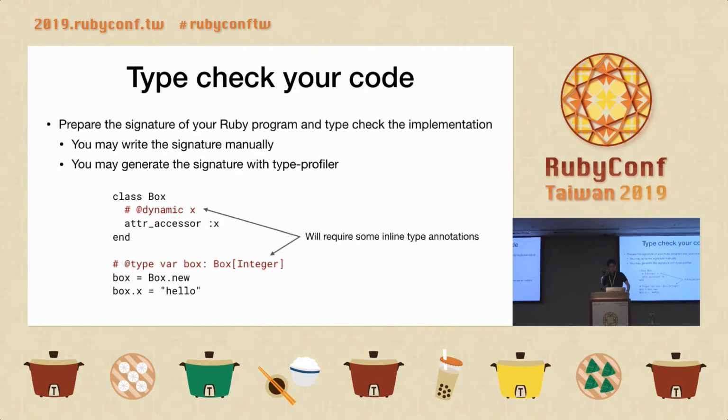And the last one is to type check your code. So you have to prepare the signature of your Ruby program, and you write some inline type annotations in your Ruby code. And you can write the signature of your Ruby program manually, or you can use the type profiler to automatically generate the signature of your program, and then you can fix the generated signature to a more precise type definition.